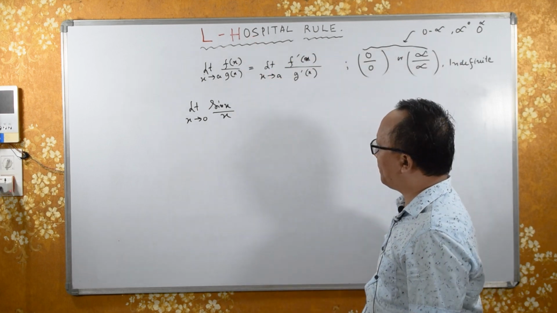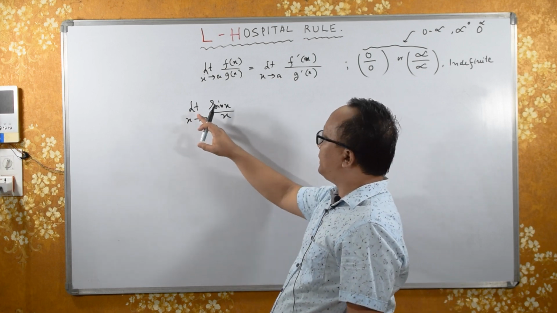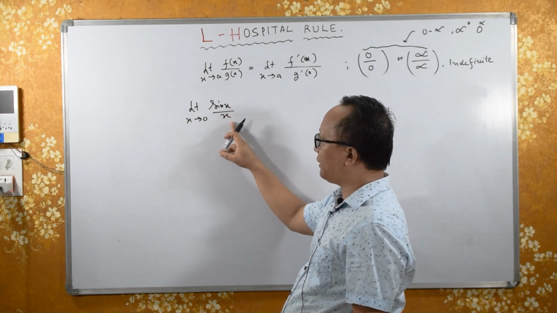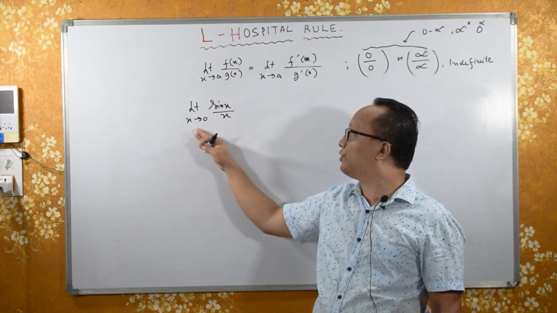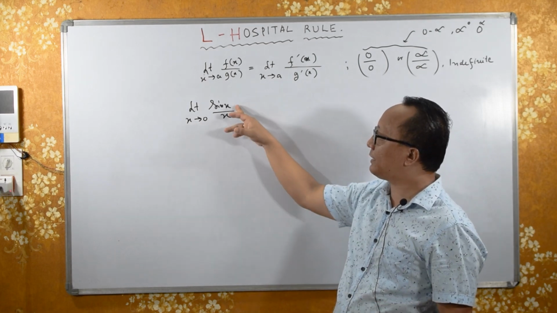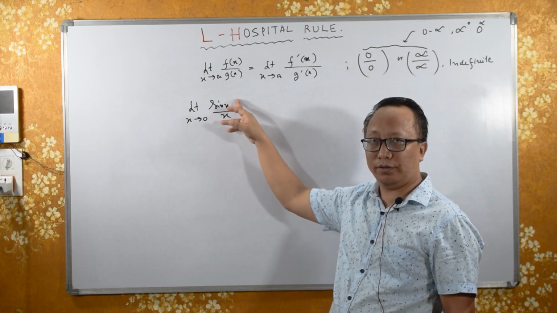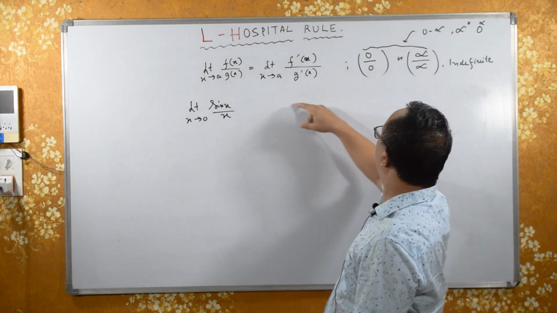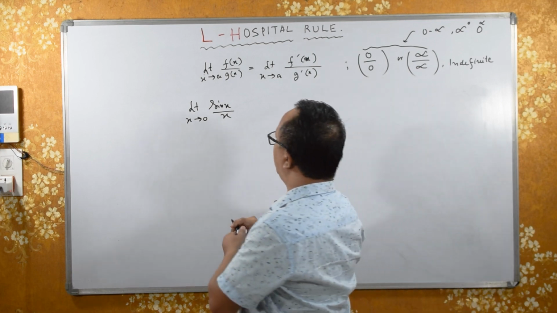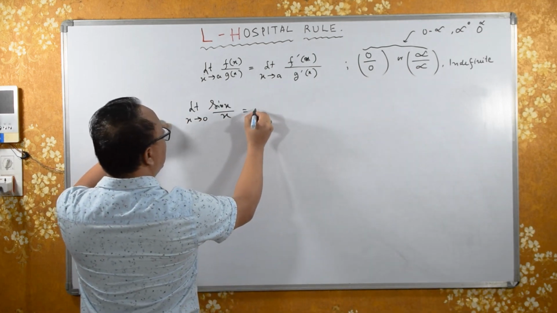Now this limit of sin x upon x, when x approaches 0, let's take x equals 0. Sin 0 is 0, x is 0, so 0 by 0. Now it is of this form, so let's differentiate.